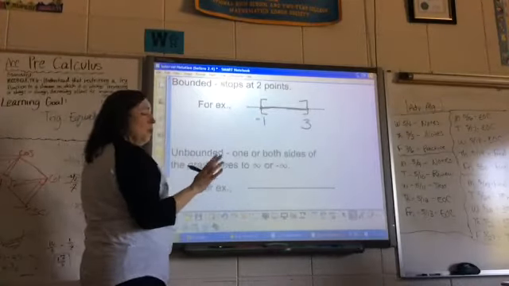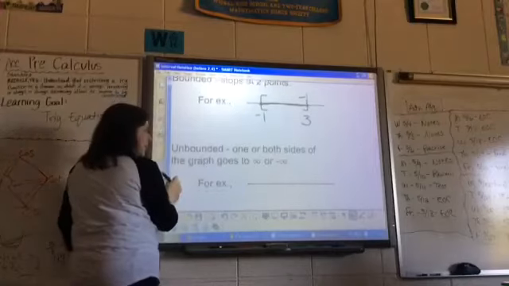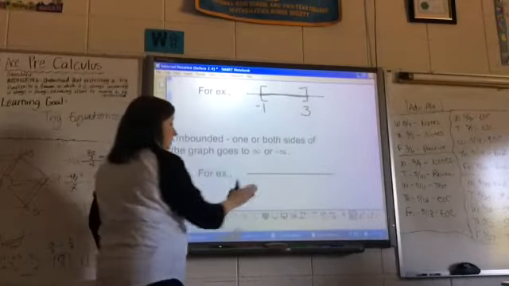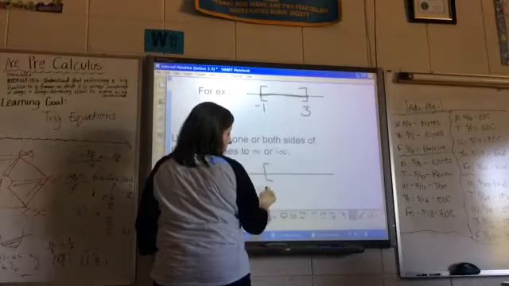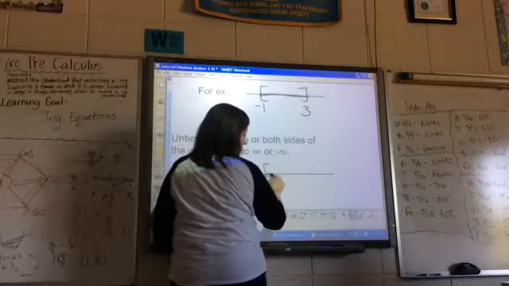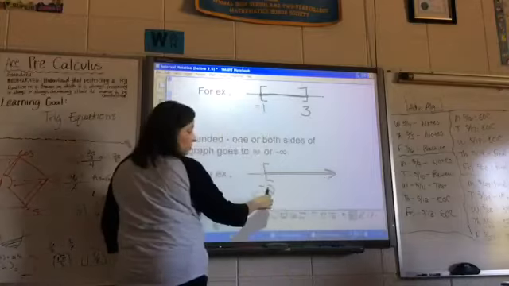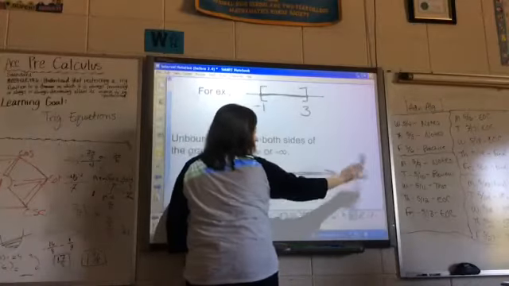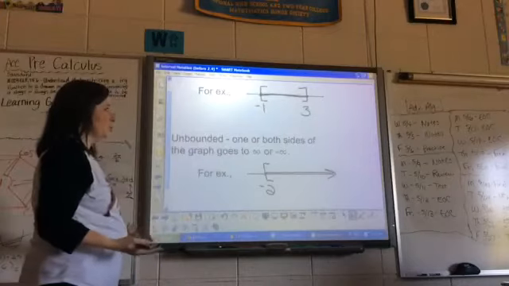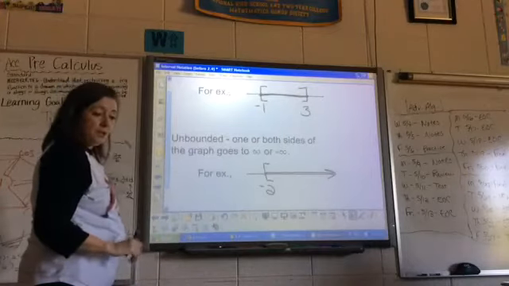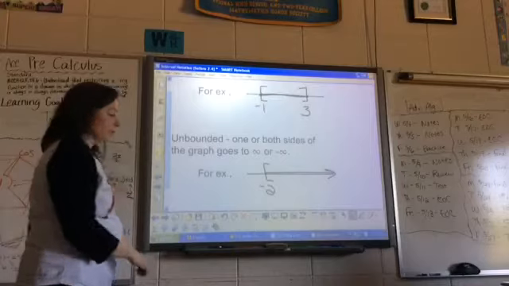Unbounded, one of the sides may go to infinity or negative infinity, or both of them. So it may be something like this, going towards infinity, so this one would not be bounded. So usually they'll just ask which one it is, bounded or unbounded. So it's either closed or it continues on.